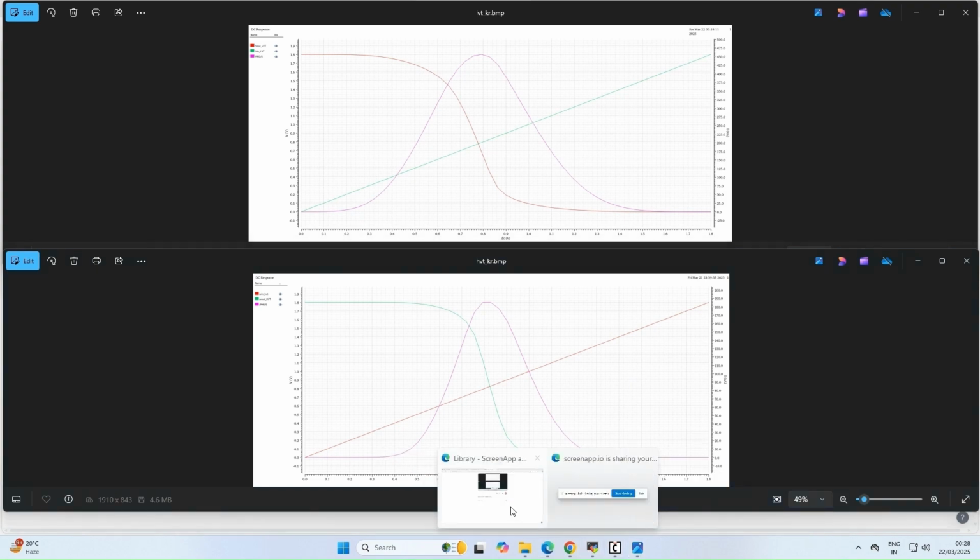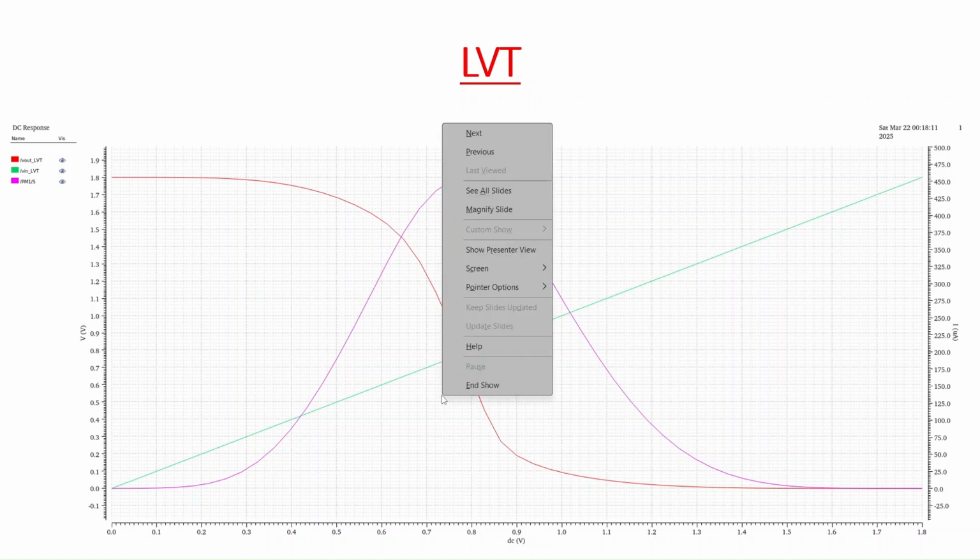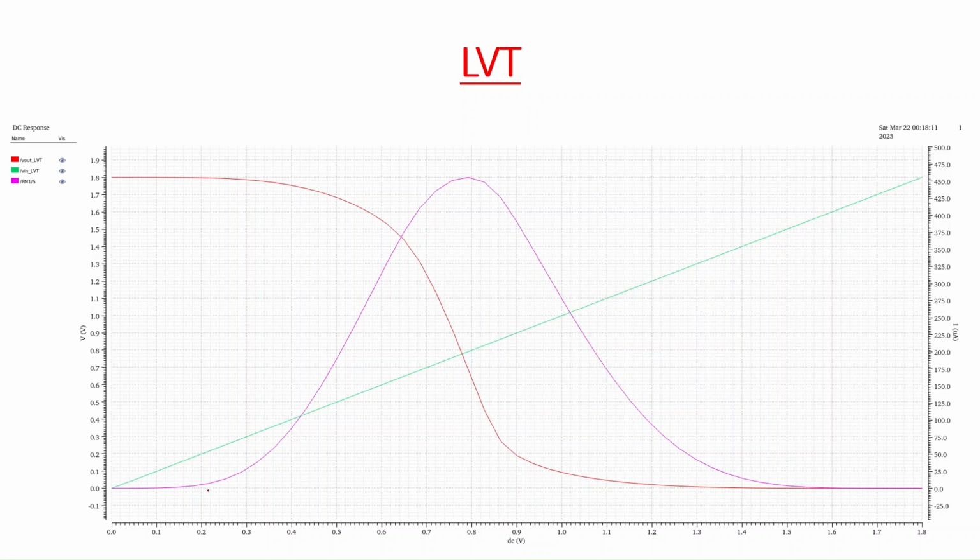Now let us see the voltage transfer characteristic curves for low threshold voltage devices and high threshold voltage devices in further detail. First we will try to find out the threshold voltage for these devices. You can see this is the current curve for the low threshold voltage device, the curve in pink.